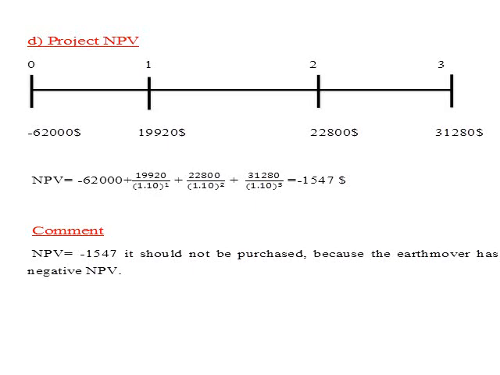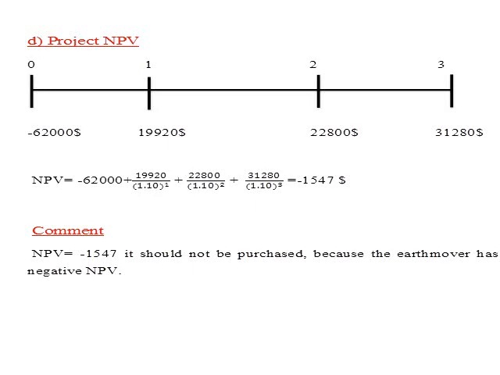So 19,920, the cash flow of year 1, over 1 plus 10% to the power 1, which is year 1, plus 22,800, which is the expected cash flows for year 2, over 1 plus 10% the cost of capital to the power 2 denoted for year 2. والأخيرة and so on. والأخيرة هنحط ال 31,280 اللي هي قيمة الكاش فلو المتوقع في السنة الثالثة على 1 زائد 10% اللي هو قايل لي cost of capital to the power 3 اللي هي للسنة الثالثة.